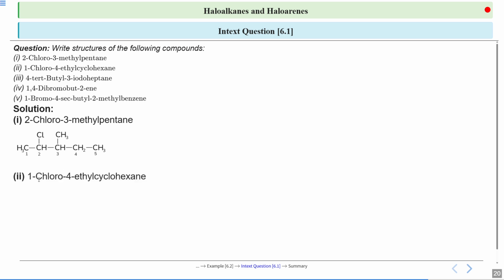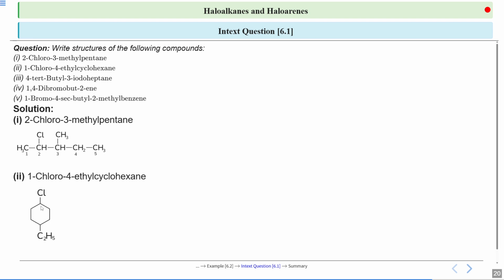And for the second structure, that is 1-chloro-4-ethyl cyclohexane. First of all, cyclohexane means there is a cyclic ring of hexane, that means a 6-membered ring. And at the first carbon we have chlorine, at the fourth carbon we have ethyl as a substituent. So we first draw a cyclic 6-carbon hexane ring.